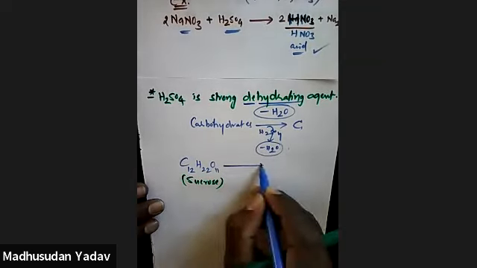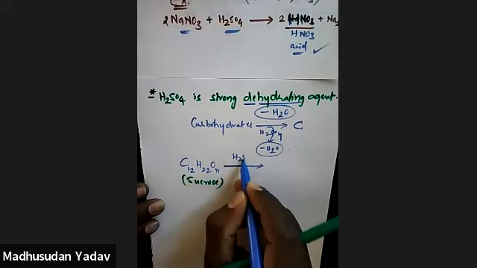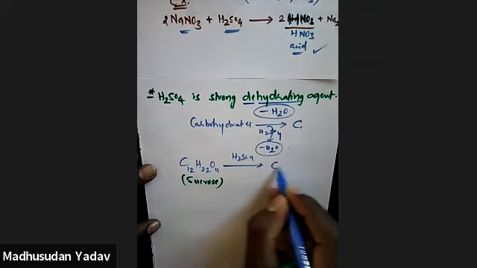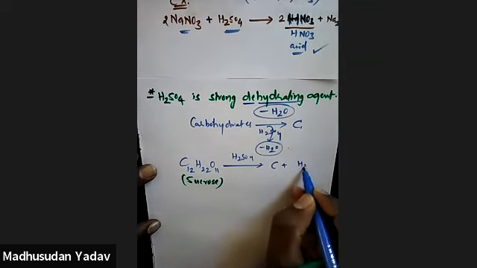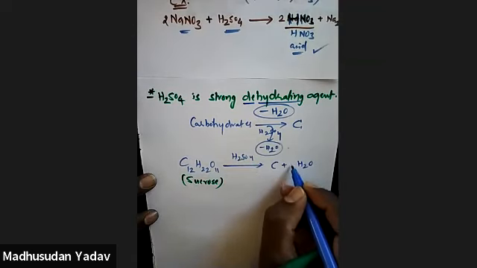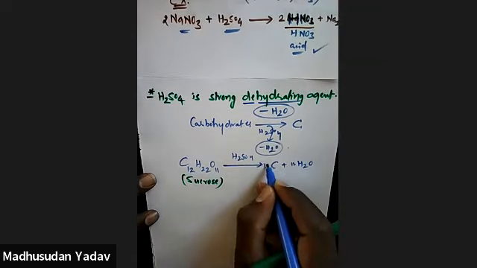On this, if you use sulfuric acid, what will it do? It will remove water molecules. So you will get only carbon and water molecules. Here, 11 moles of water molecules and 12 moles of carbon.